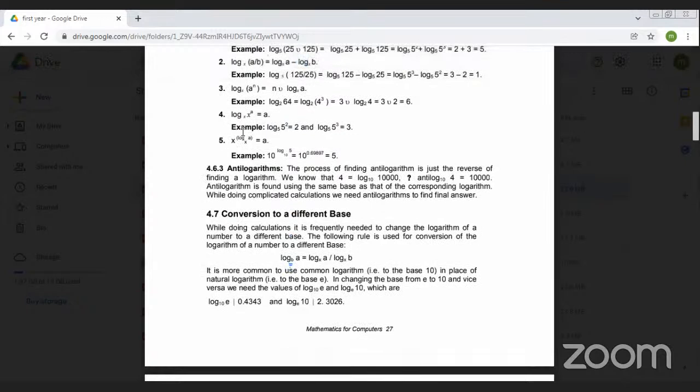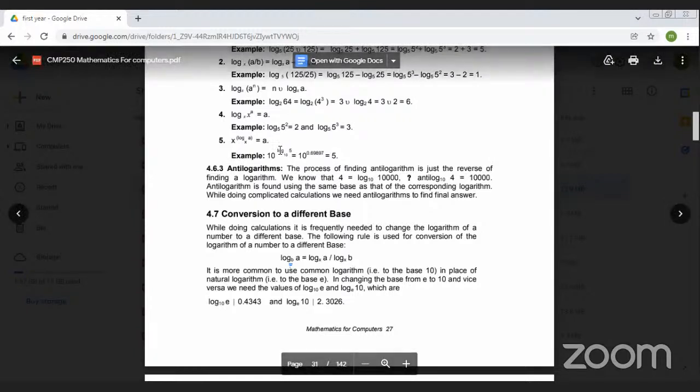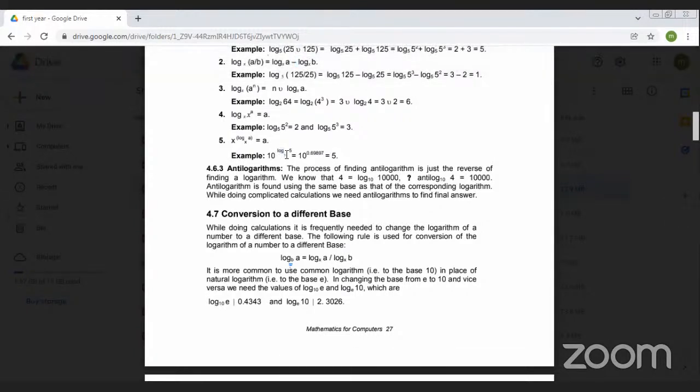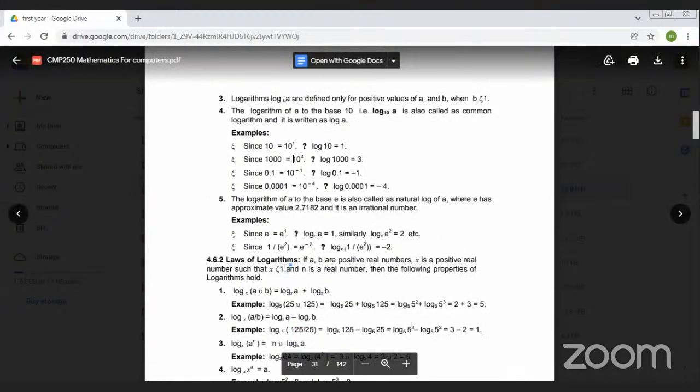Now x raised to log to the base x of a. This is nothing but a. Now how do you solve it? See, log 10 is there, right? And here your base is what? 5. Now look over here.